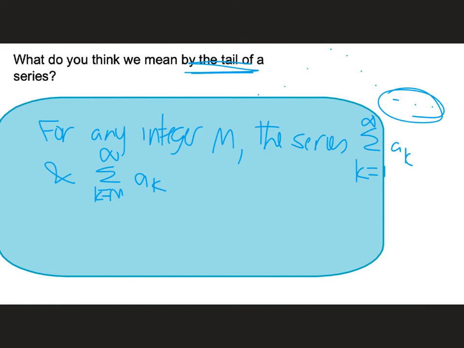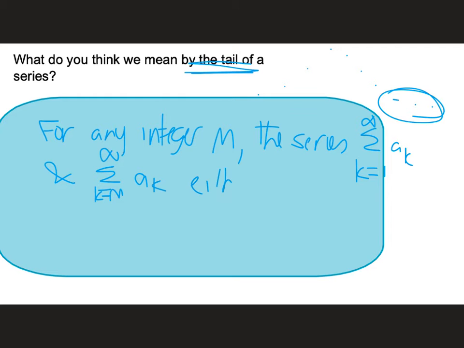So the first thing I wrote down is saying the entire series, from the first term to the end. There is no end, but like infinitely out. The second one is saying, okay, skip the first term or the first couple terms, because we're starting at M, not 1 necessarily, and then go to the end. So we don't have to hit everything.